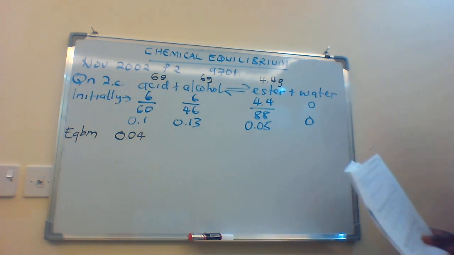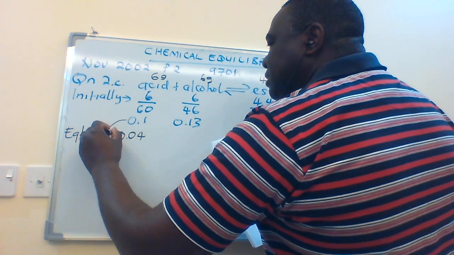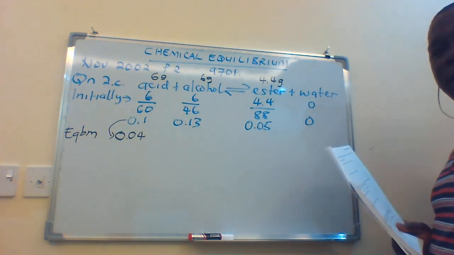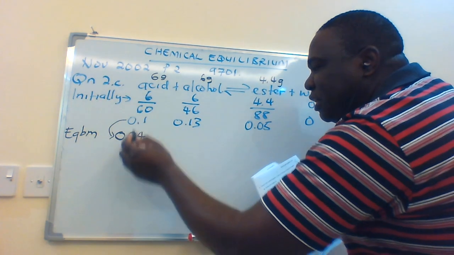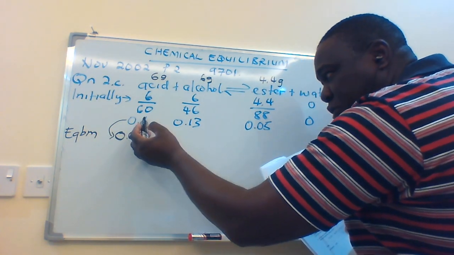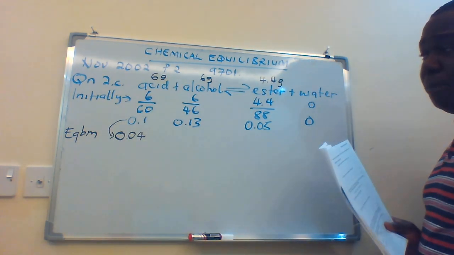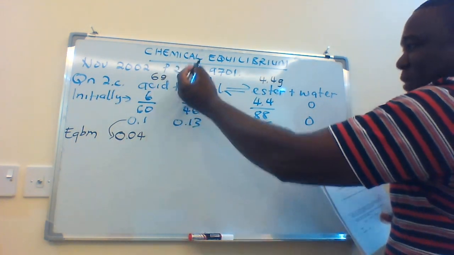What does this mean? You can see that the value has decreased from 0.1 to 0.04. So we should be in a position to determine the decrease, because this acid is being used, it's a reactant, so it's going to decrease.